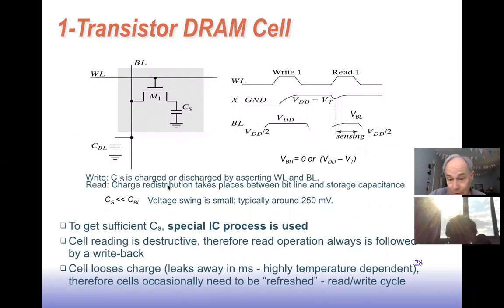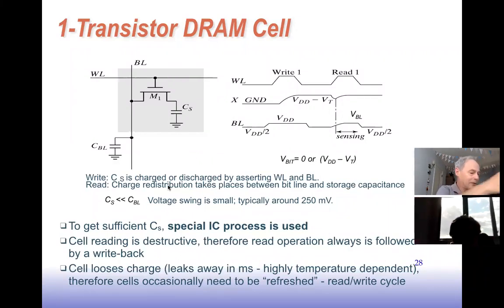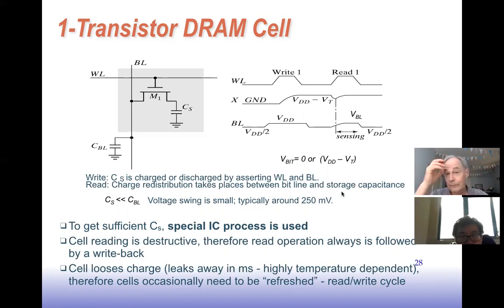Or since a read cycle includes a write back, we just basically go and read all the rows, and that will refresh everything. That has to be done at a high enough frequency so that we don't lose any important values. Okay, so that's the basic operation of DRAM. This is really the way most DRAM chips work these days, and they're all over the place in laptops and cell phones and everything else.